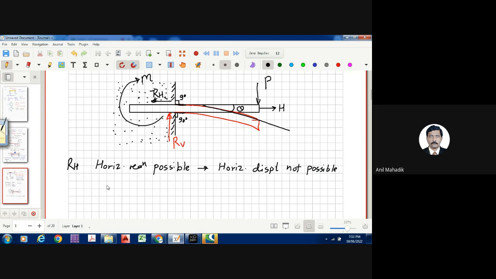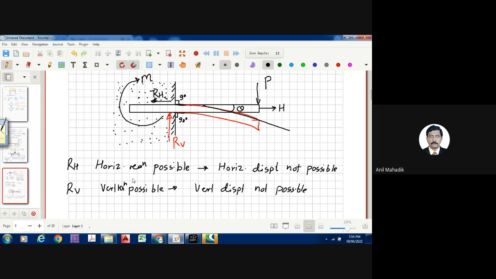Then second case is vertical reaction possible. Why? Vertical displacement is not possible, that's why. So RV will be there. And you can say, as it is not rotating at the support, the 90 degree, whatever the angle was there, it was horizontal, it is there horizontally even after bending.